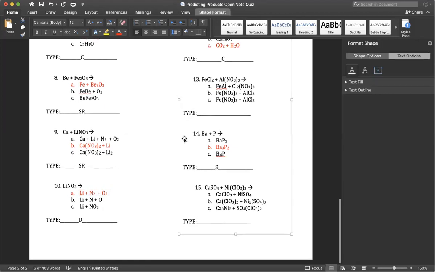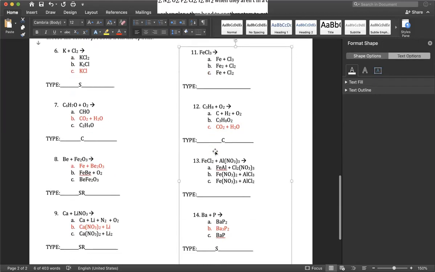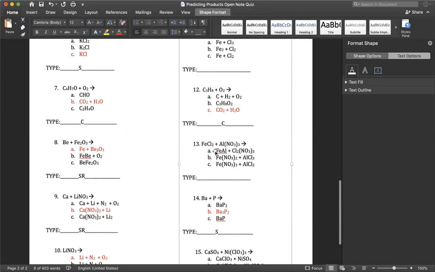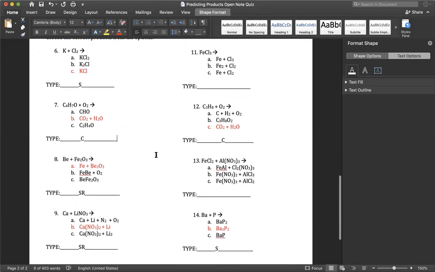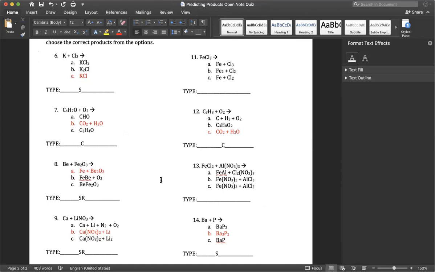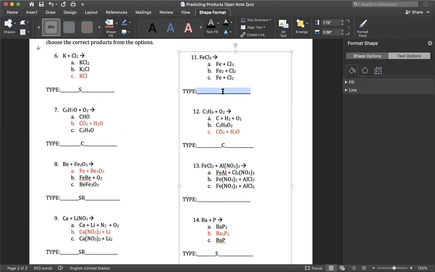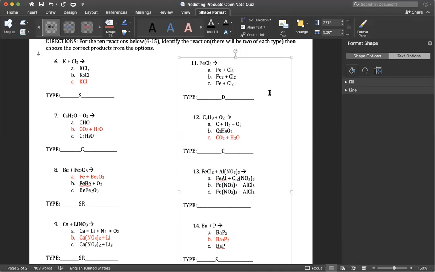Okay, so let's come over here. Out of the remaining 11, 13, and 15, which one is my decomposition reaction? 11. What I'm looking at here is basically, do I keep the 3, do they both get 2s, or does only one of them get a 2?